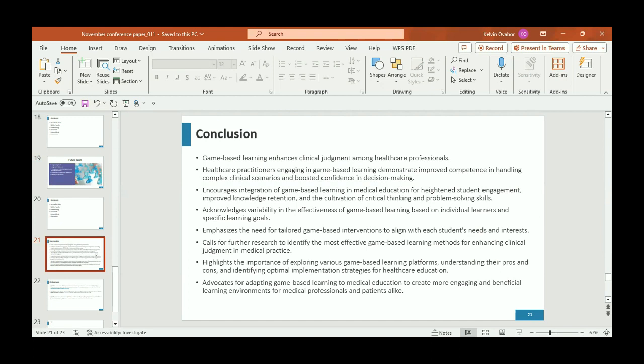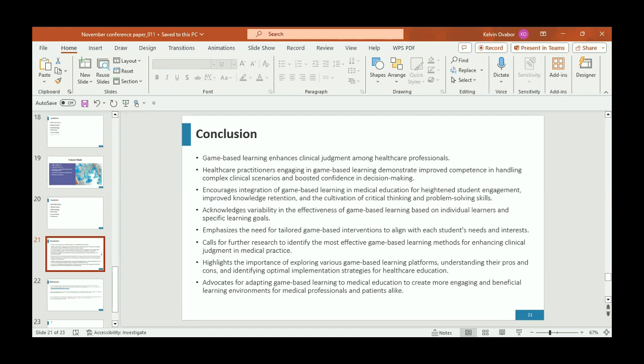The conclusion is that we'll be able to deduce that game-based learning enhances clinical judgment among health professionals, based on the analysis that was carried out and the statistical evidence that we have in values.